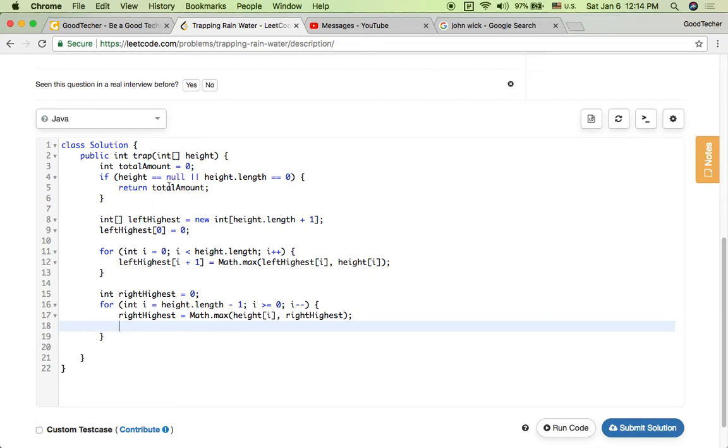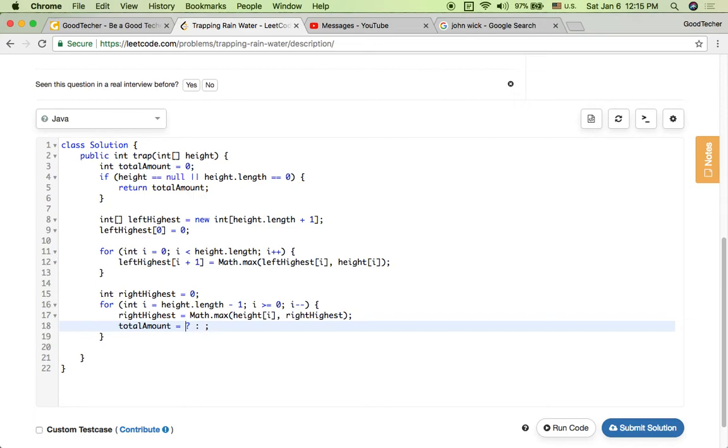And we are going to update the total amount. So we can have an if check. If the minimum of the left highest and right highest is greater than the current bar height, we are going to add to the total amount. So here we can have a ternary expression to do this if check.